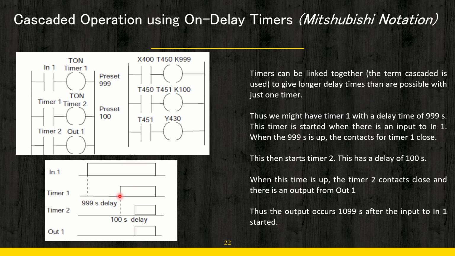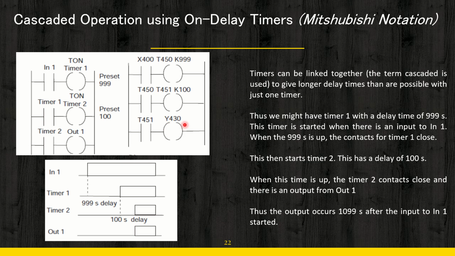Once this timer gives the output, your second timer starts operating, and because the second timer has a delay of 100 seconds, after 100 seconds this timer will give the output. The moment this timer gives the output, the associated contact T451 will become high, and your output Y430 will be energized.